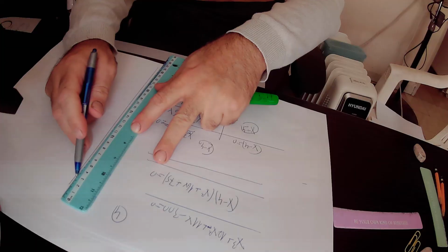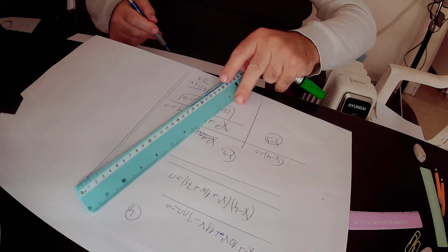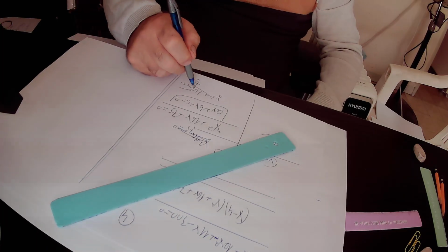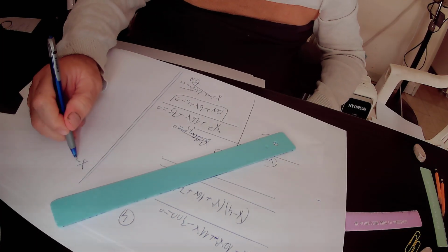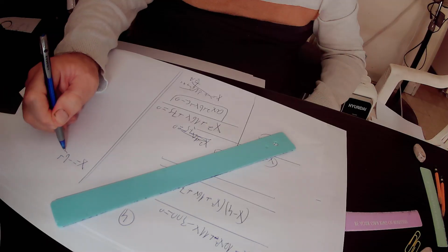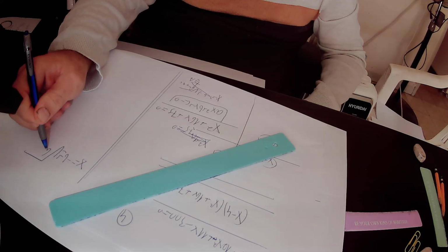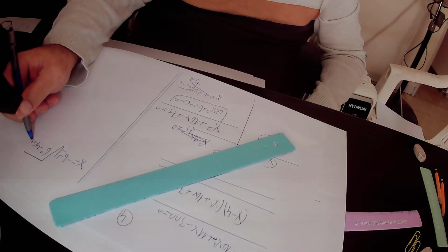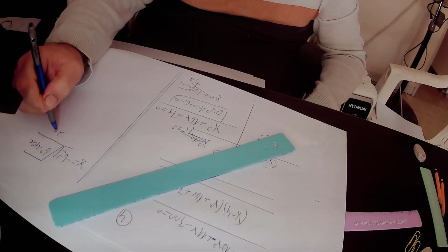We find the variable x in this general quadratic equation according to the following formula: x equals minus b plus or minus the square root of b squared minus 4 times a times c, over 2a.